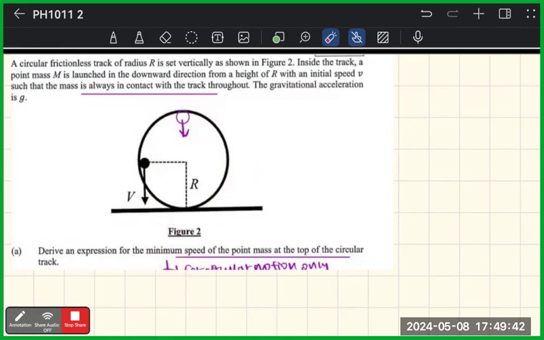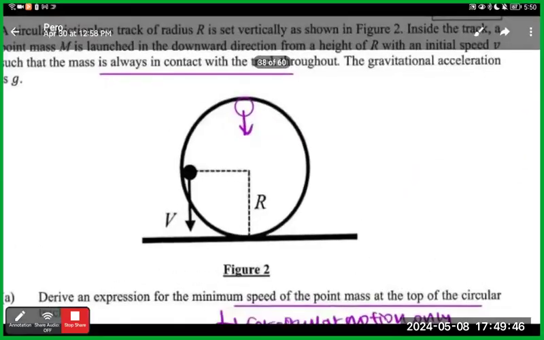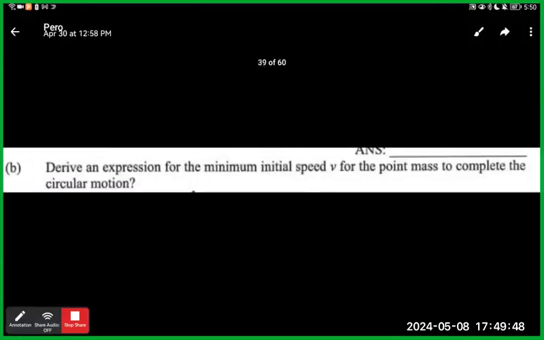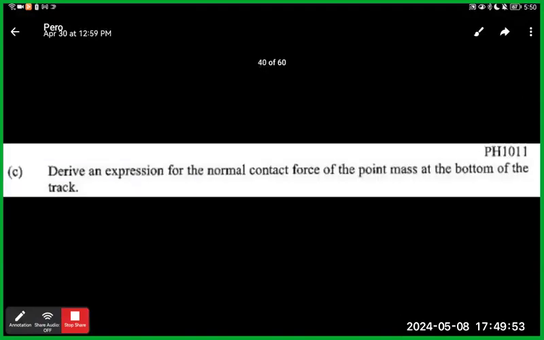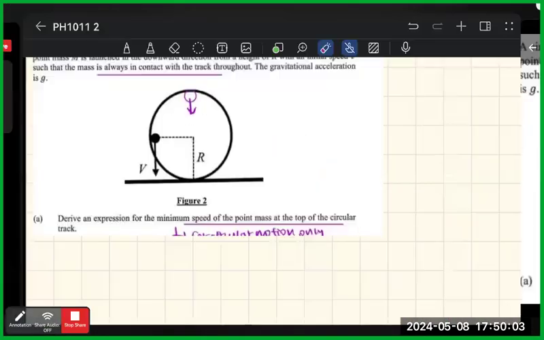Let me check if there is another subpart. Oh, an expression for the minimum speed for the point mass to complete the circular motion, at the bottom of the track. Okay, I get it.